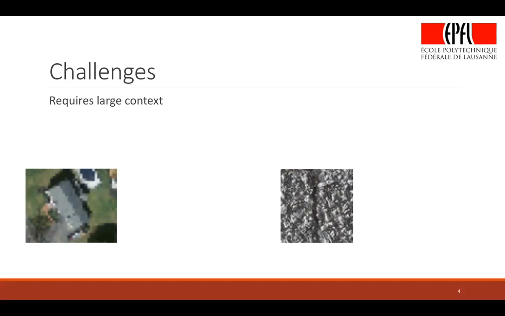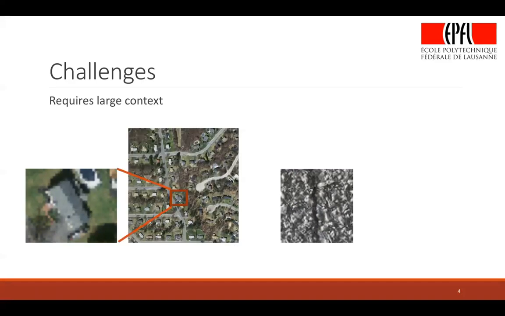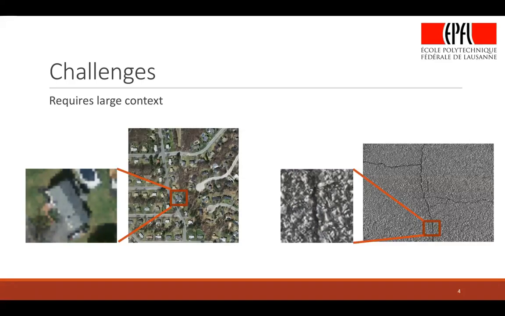On the right, it's an image of concrete, and it's difficult to tell whether there is any crack in it, and if so, where exactly it is. However, if we look at a bigger context, it's easier to tell that the thing on the left is actually a roof, so it's not a road. We are not interested in segmenting it. And on the right, there is indeed a crack in the concrete, and it goes through the middle of the image.